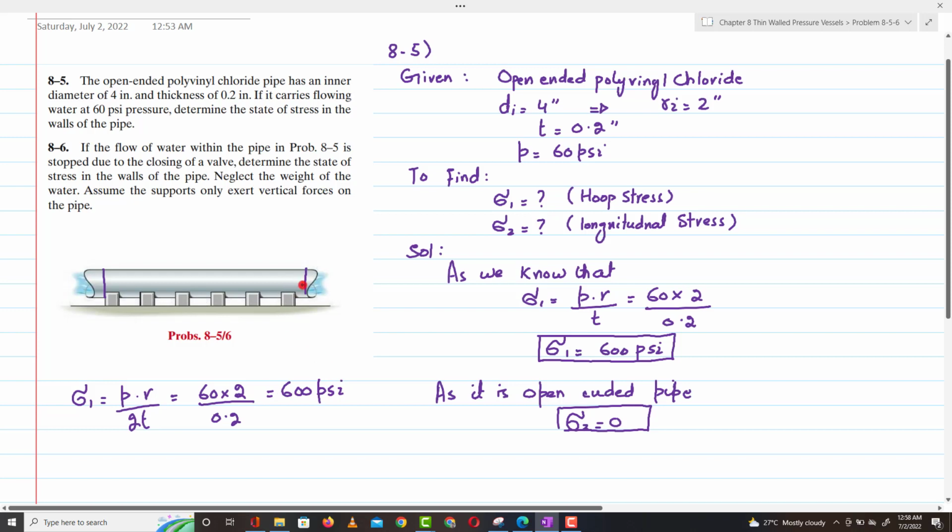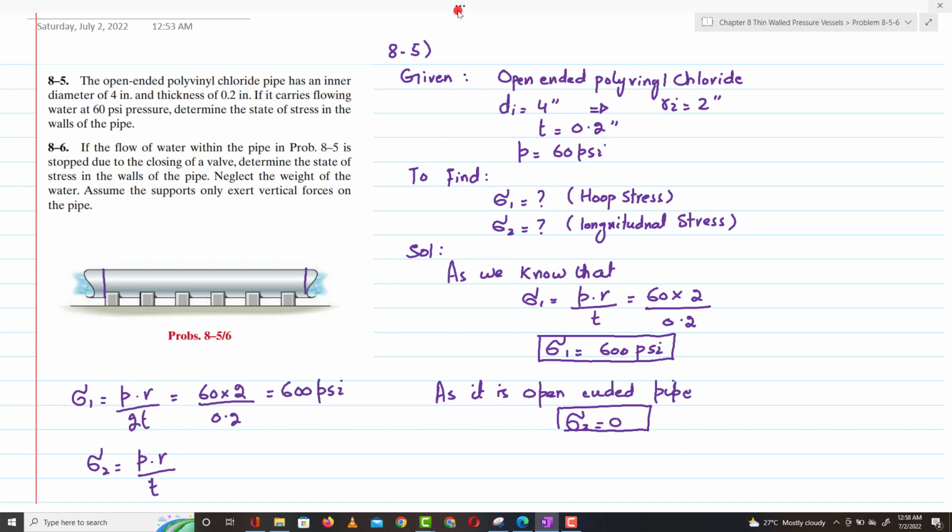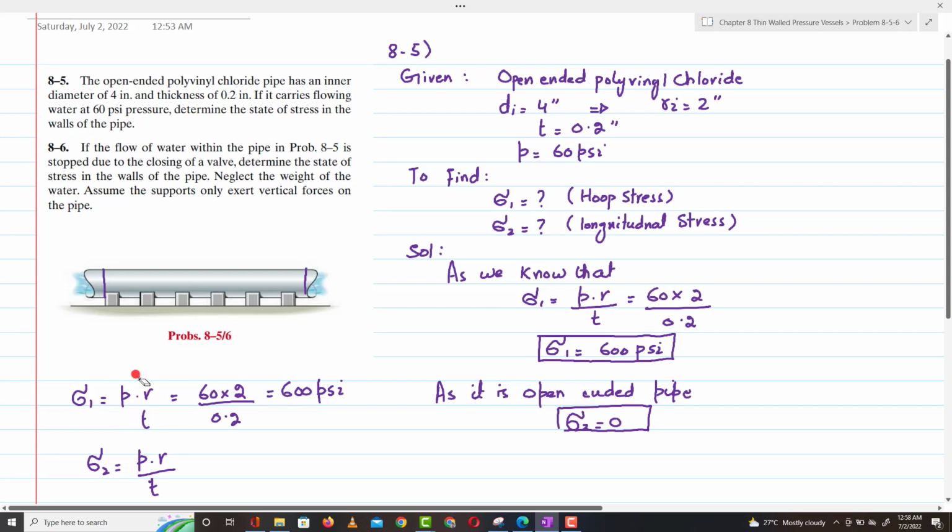Now the pipes are closed due to closing valve. One thing is that this hoop stress is PR divided by T, not 2T. Clear?